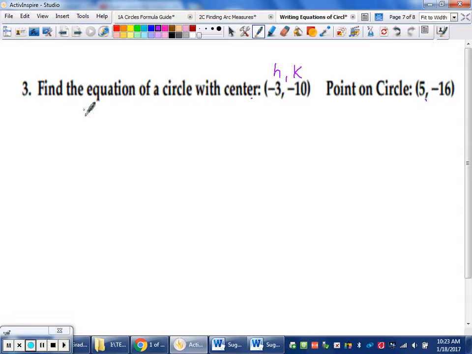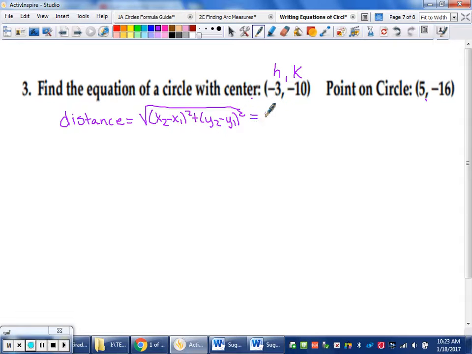So if I were to do the distance formula, I would be doing the square root of x2 minus x1 squared plus y2 minus y1 squared.